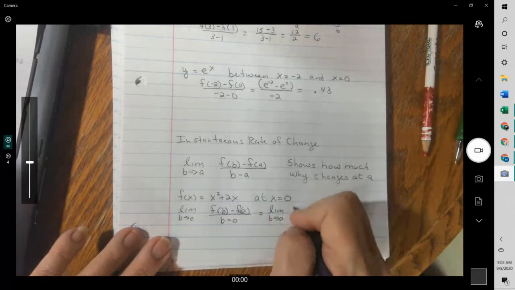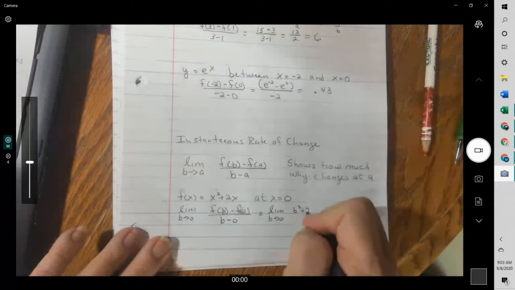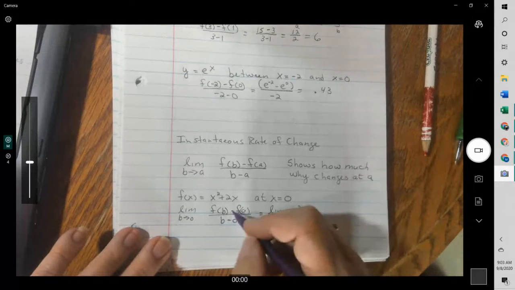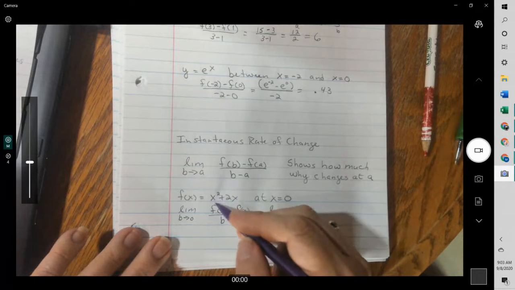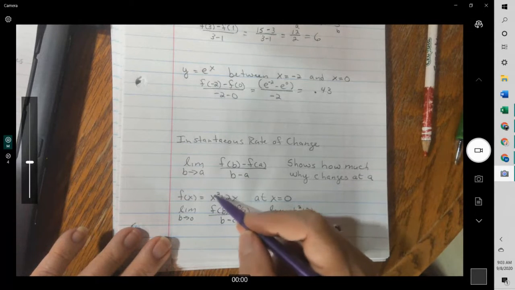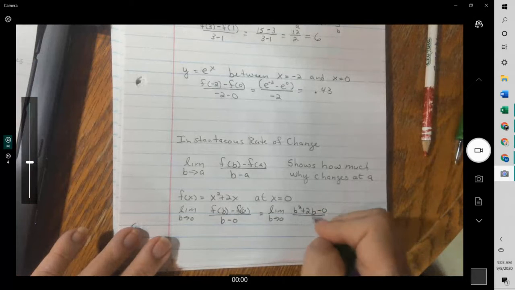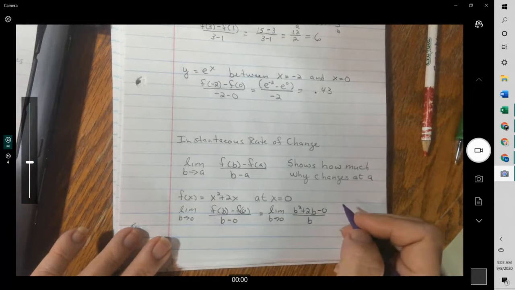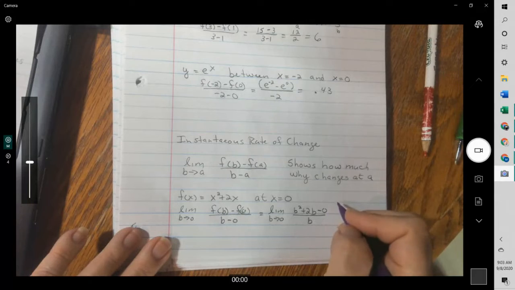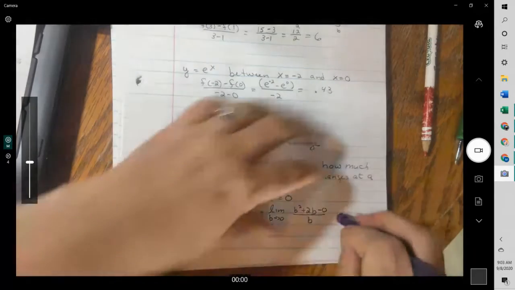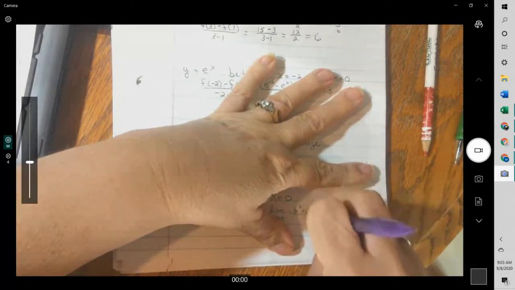Plugging b in, we have b squared plus 2b minus, plugging in 0, 0 plus 0 is 0, so it's just 0 over b. So that 0 just drops out. Get rid of it.